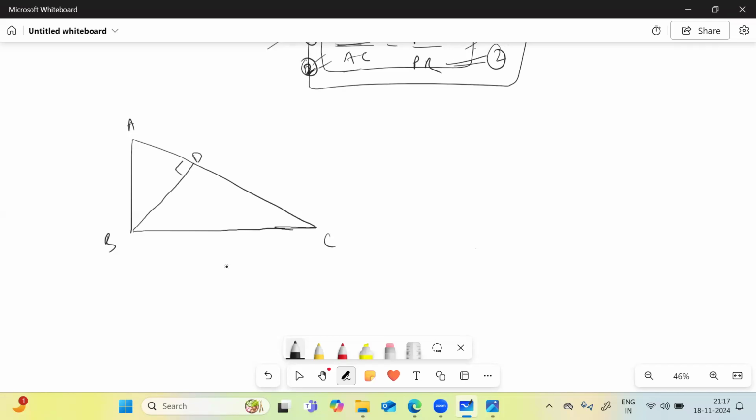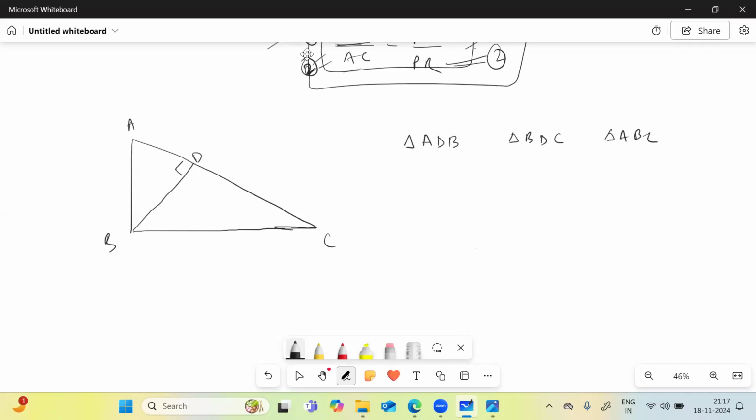So now I have three triangles: triangle ADB, triangle BDC, and triangle ABC. I have three triangles.